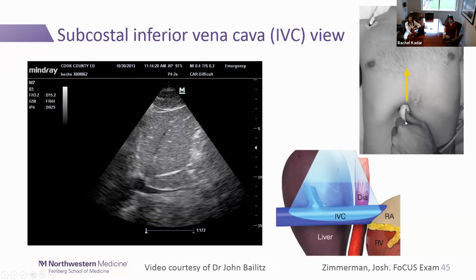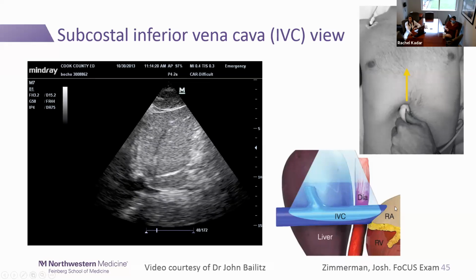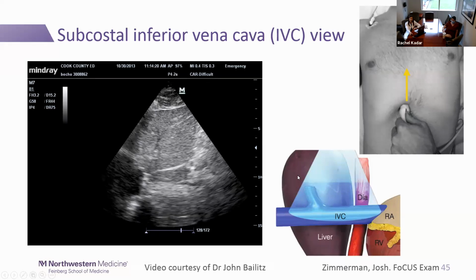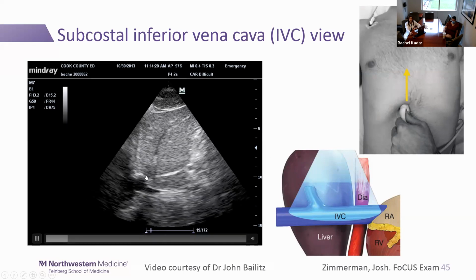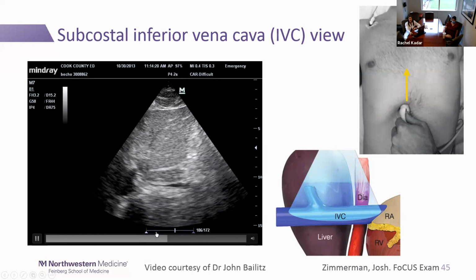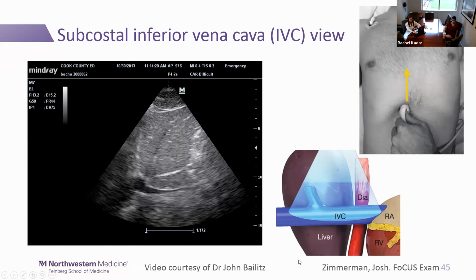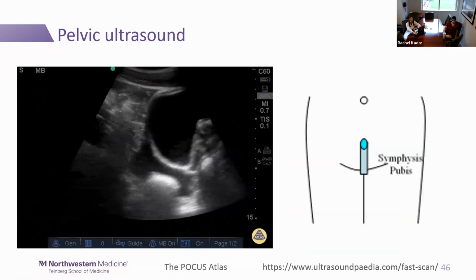And we're looking at that IVC in long axis view. So here's your IVC dumping into your right atrium, and you see the left hepatic vein. This is in cardiac mode. Sometimes you will see it swapped like this, where the heart is on the opposite side and it's in abdominal probe mode. But either way, you'll see a horizontal IVC.